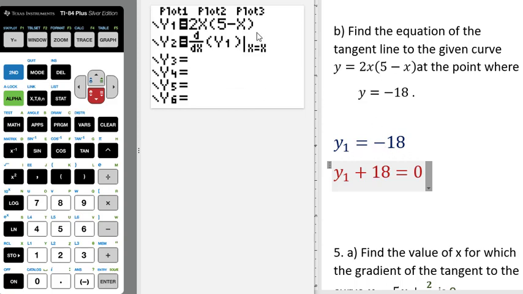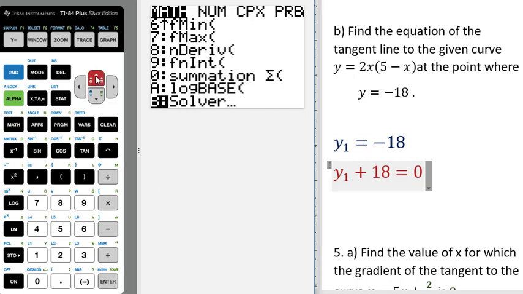This is a quadratic equation. We want to solve it by using the equation solver. Therefore, for the equation solver, you have to make sure it equals 0. I add 18 to both sides, get y1 plus 18 equals 0. So we go to math, upper arrow, this is the solver, enter.